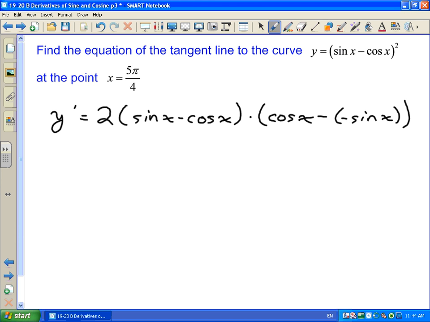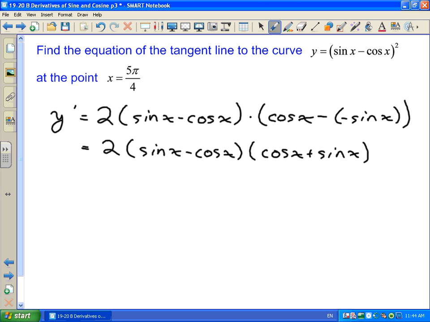And so we get cos x minus minus sine x, or cos x plus sine x. So 2 times (sine x minus cos x) times (cos x plus sine x). Now, at this point, I'm going to multiply this out.